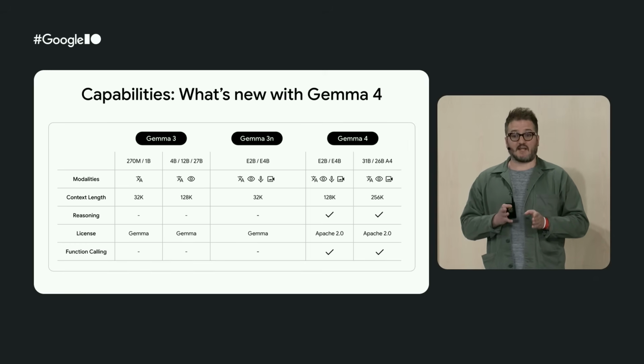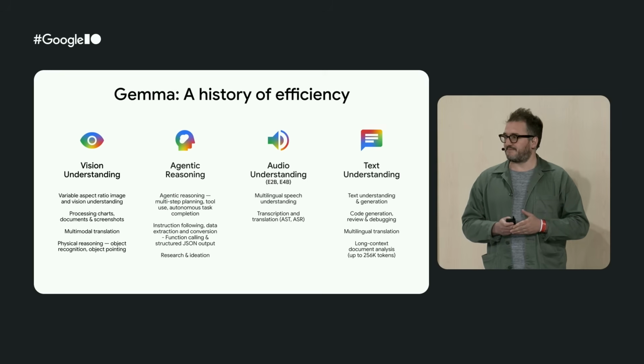Finally, we changed our license. We moved away from a custom Gemma license to a popular Apache 2.0 license, giving you full control when you deploy in production. We know that the Apache 2.0 license was very well received, and we're very happy. We want to see Gemma being used more in your pipeline.